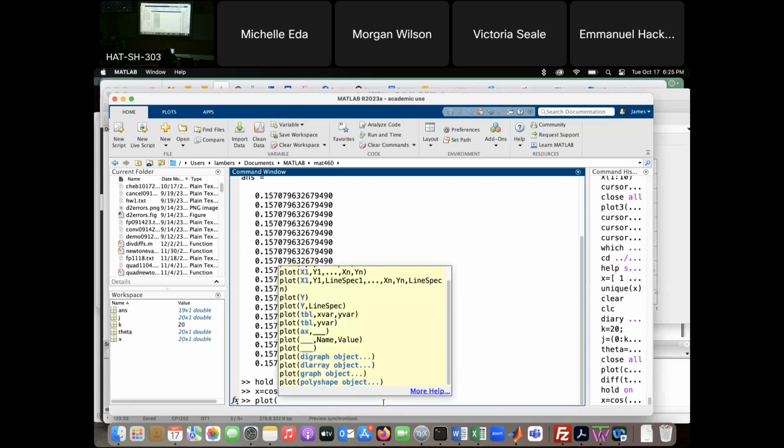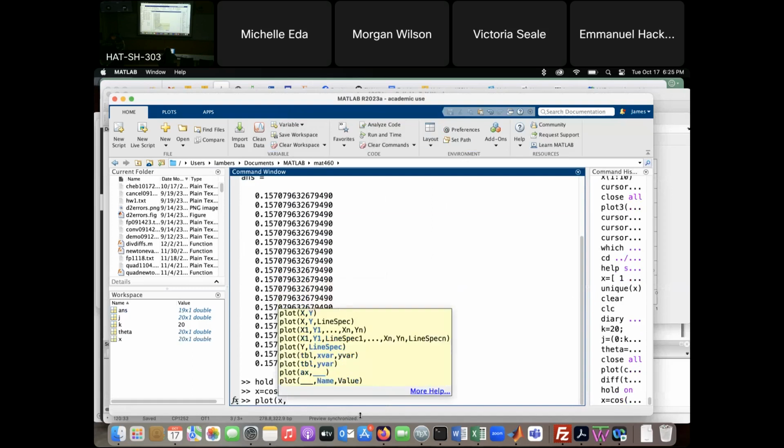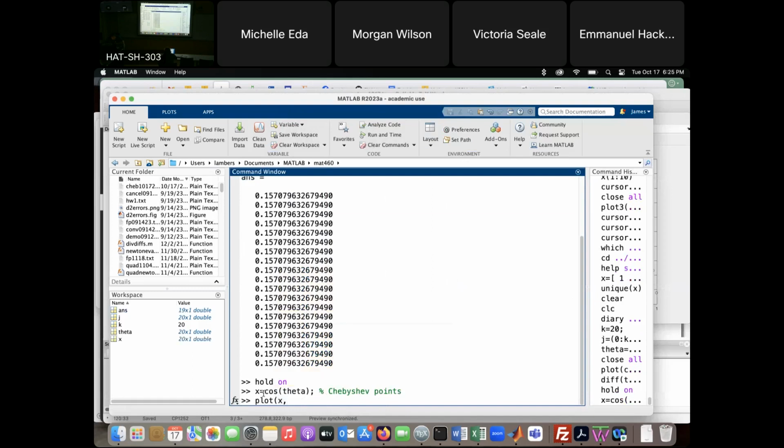So then I'll plot, and what I'm going to do is plot these x values on the x-axis. Now what I really need is a zero vector that's the same size as x. Easiest way to get that is 0 times x. It gives me a vector of all zeros, same size as x.